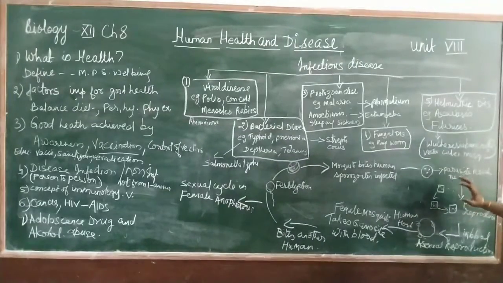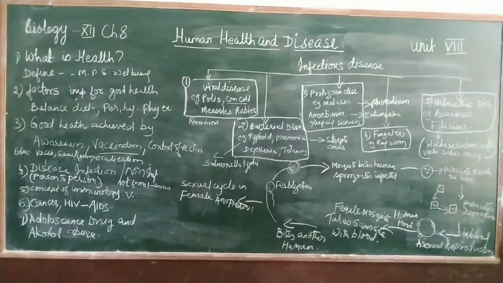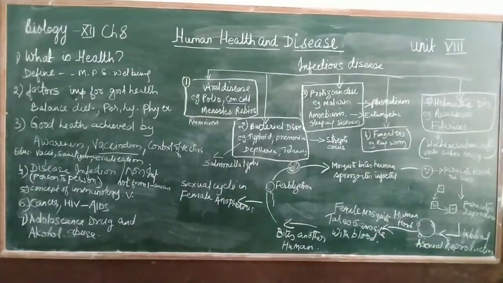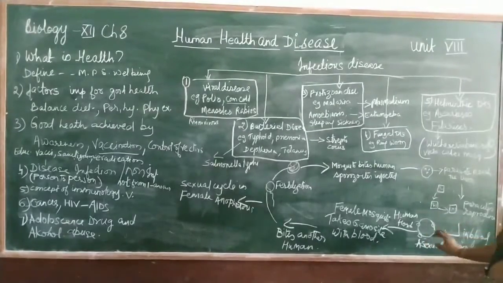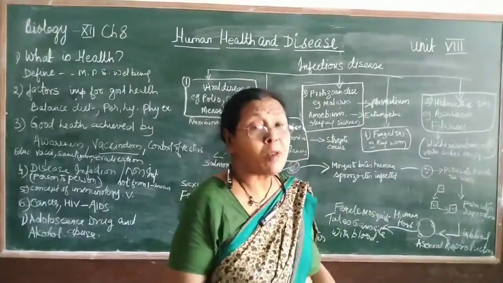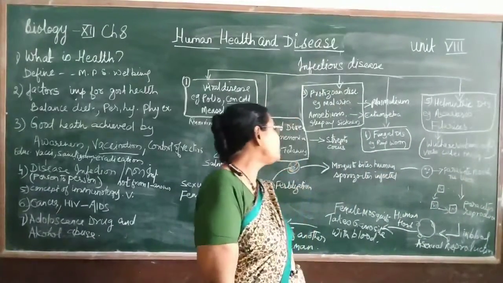Then, in the liver, these parasites reproduce. How do they reproduce? They reproduce asexually. They reproduce in the liver and blood of the human being.